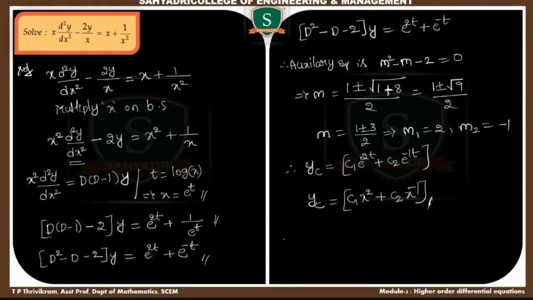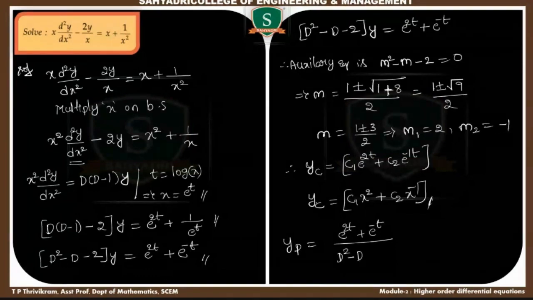We'll write yp is equal to e power 2t plus e power minus t divided by d square minus d minus 2.